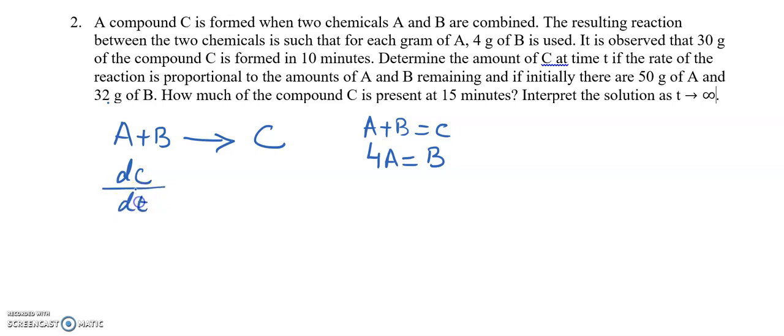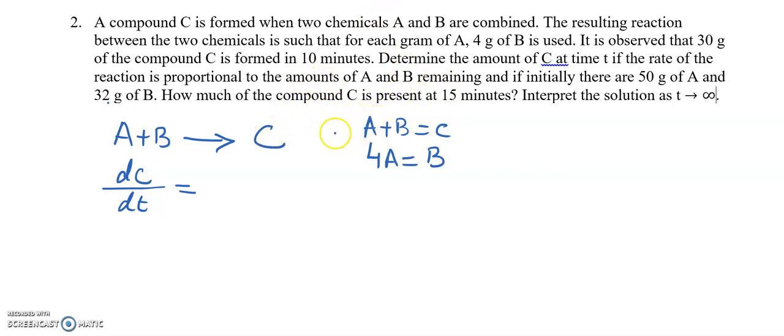So if you represent dC over dt, that will be the reaction rate. So this reaction rate will be proportional to what? It is proportional to the amounts of A and B remaining, not the A and B consumed, remaining. So what are the remaining amounts?